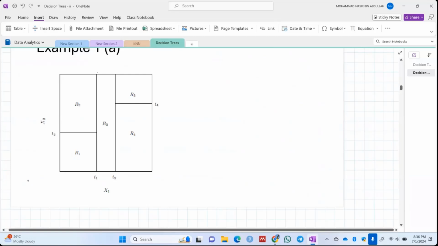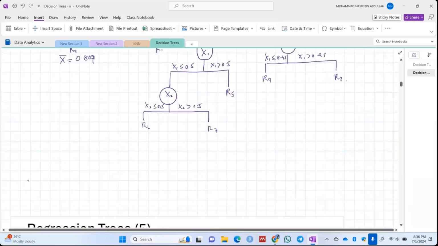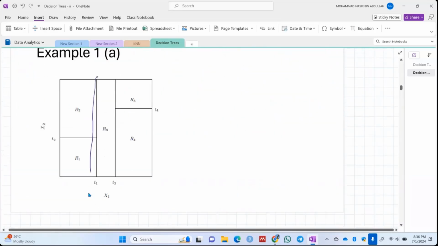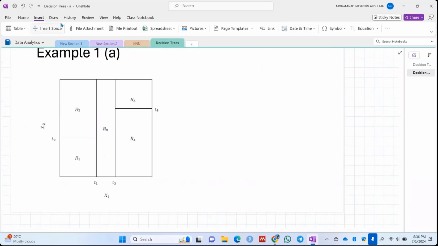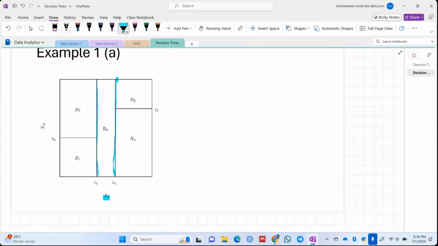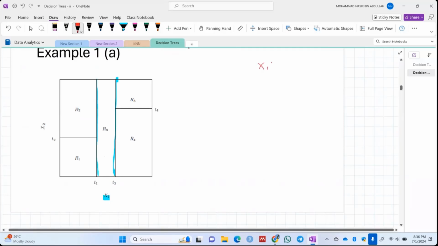The complete line that separates two areas, T1 and T2 at X1. So we have lines here, T1, T2, T3, sorry, for X1. So let's decide the first split based on X1.